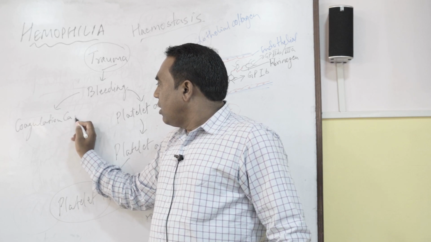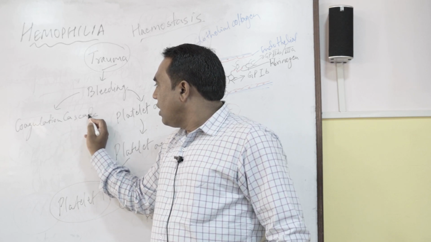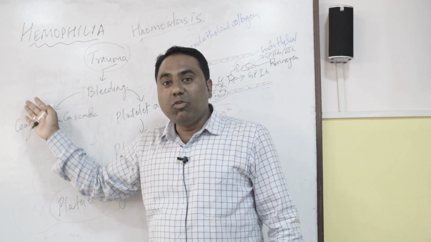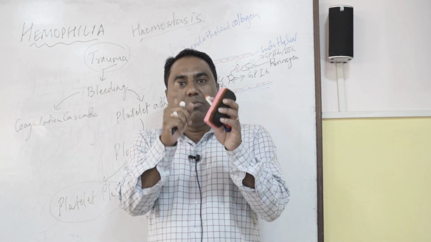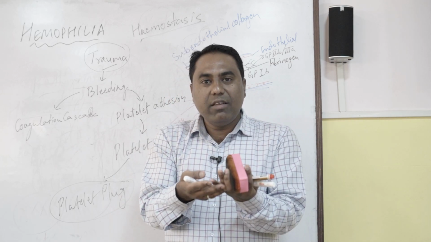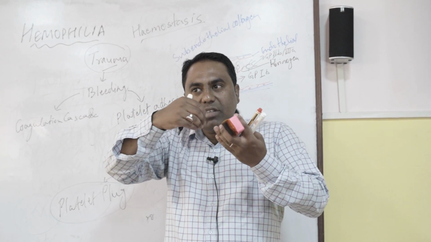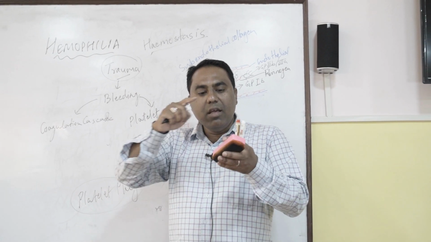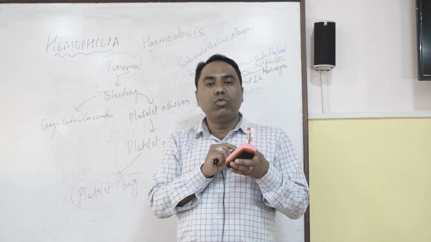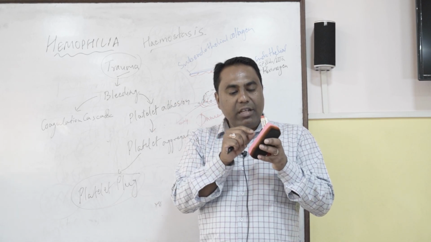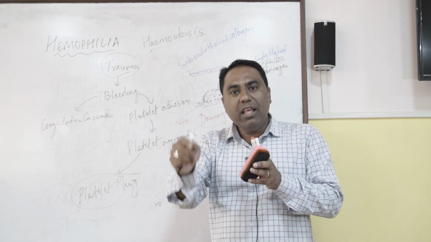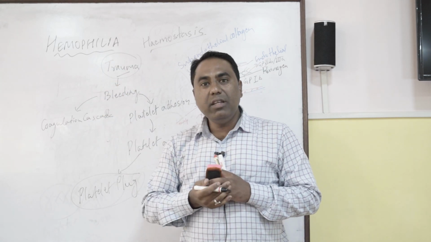Now, to understand this coagulation cascade, you have to understand all the different kinds of blood clotting factors. Which one is the first blood clotting factor which acts on the next? So there is a kind of a reaction whereby clotting factor 12 is going to become clotting factor 12A, which is going to activate 11 to 11A, now 11 to 9 to 9A. So like this, the coagulation cascade is being formed.